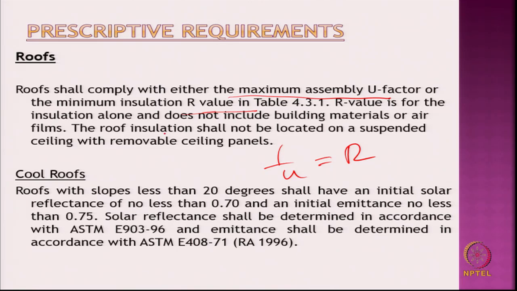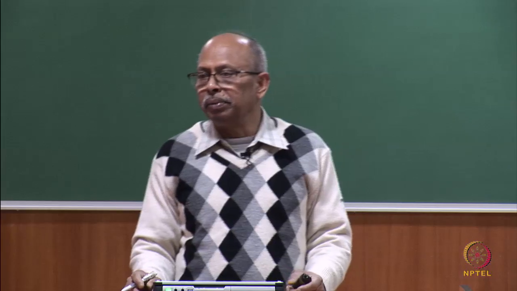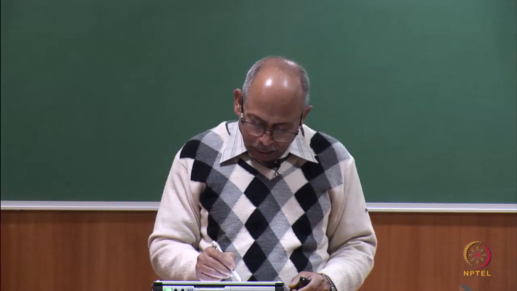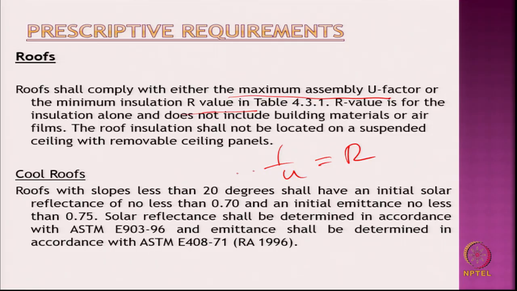Building material, or air films and things like that, shall not be located on a suspended ceiling with removable. So, what minimum insulation you should use, that is what the guideline gives you. Similarly, if you are using something called cool roofs, right, with slope less than 20 degree, they shall have an initial solar reflectance, and initial emittance not less than 0.75. So, these are the kind of guidelines given.